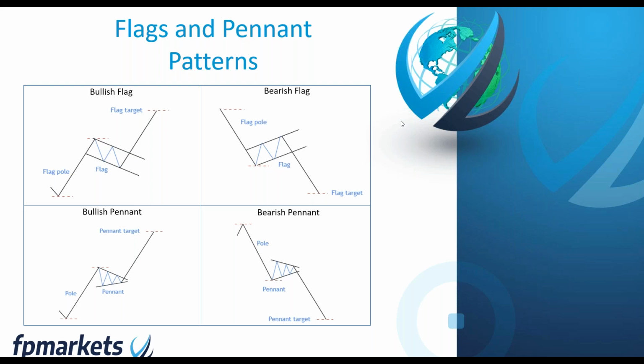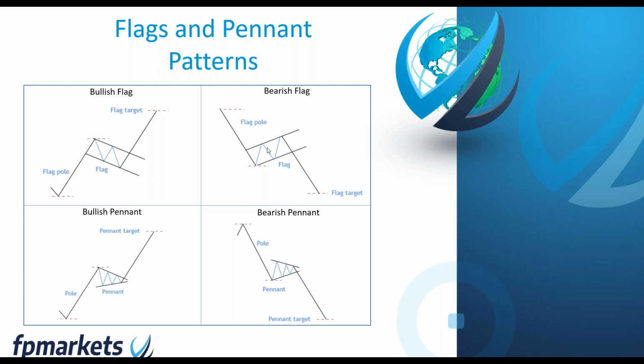For flags, the pattern's makeup is simply formed by two reasonably parallel ascending or descending lines with at least two contact points required on either side. Other traders, however, may require more tests to confirm the flag. What I mean by this is there are two parallel descending lines to form the bullish flag, and conversely with the bearish flag, two ascending lines.